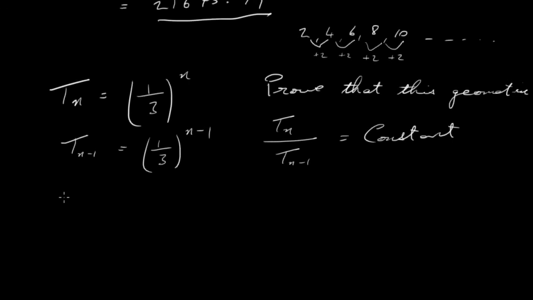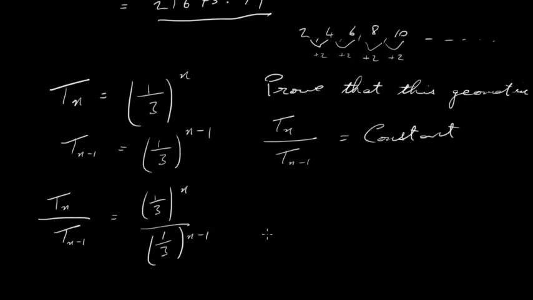So let's divide these two and see what we get. So we have Tn over Tn minus 1. So that's going to be 1/3 to the power of n divided by 1/3 to the power of n minus 1. So that's just by our laws of indices. We're dividing two numbers to the power, 1/3 to the power of n, 1/3 to the power of n minus 1.